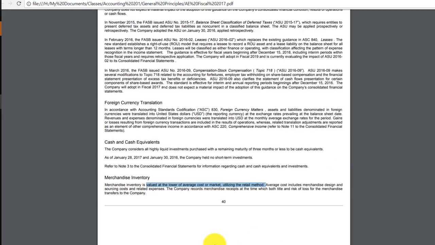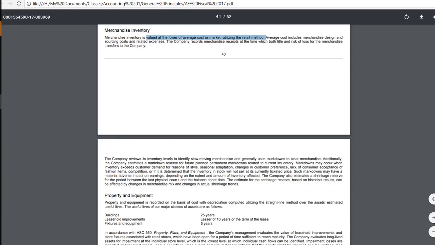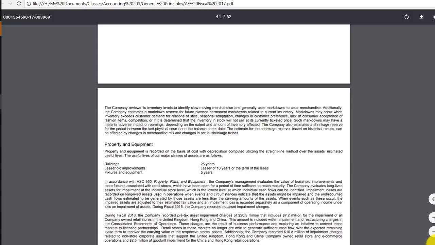So you get the idea that each of these explanations is in some way related to the disclosure and to the principles that we've reviewed in our PowerPoint and that are included in the concept statements. Perhaps a couple more examples. We have property and equipment.